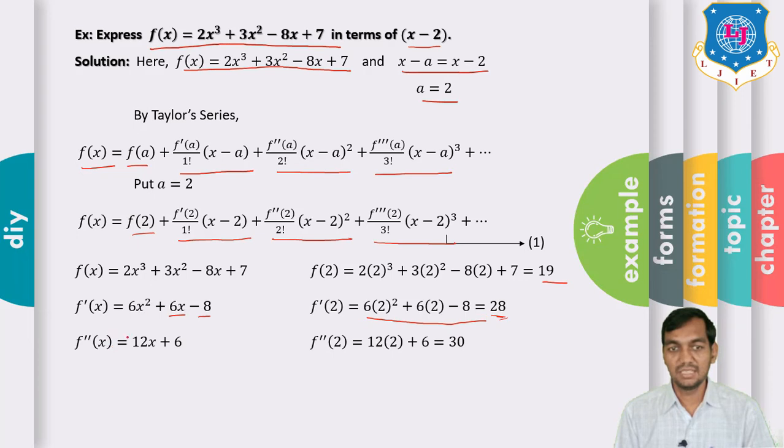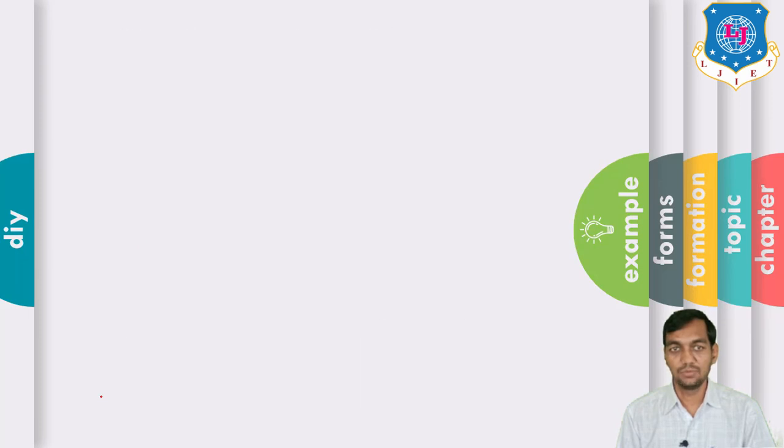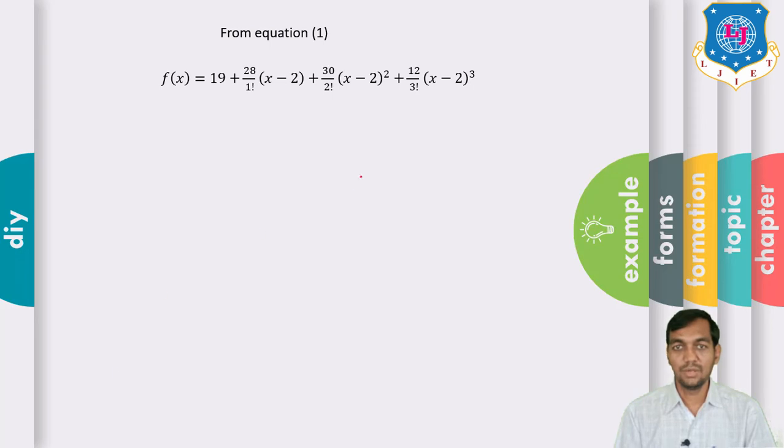In the same manner f double dash will be 12x plus 6 and f double dash 2 has a value 30, and f triple dash x is going to be 12. So f triple dash of 2 has a value 12. But if you put the fourth derivative, then the derivative is going to be 0. So we are going to substitute all these values in equation 1.